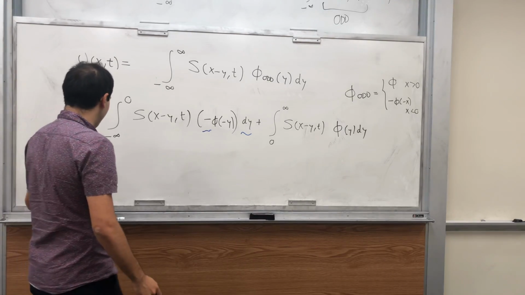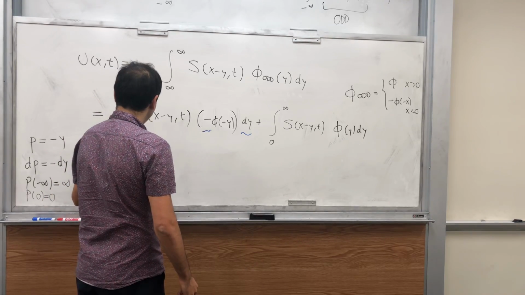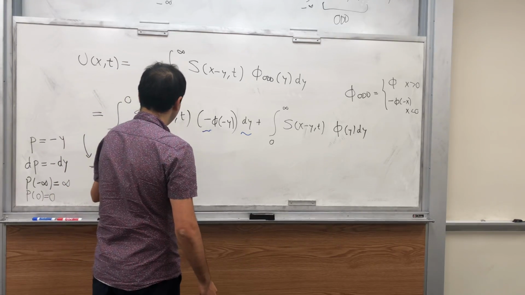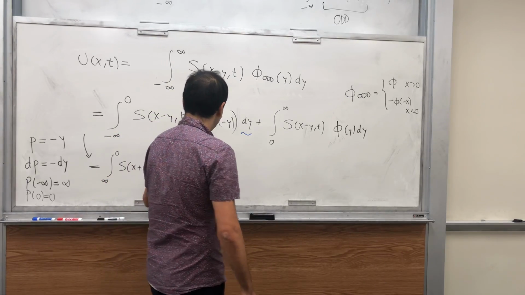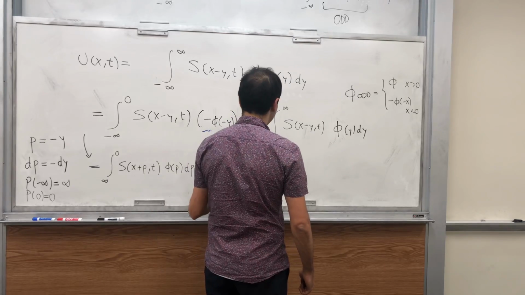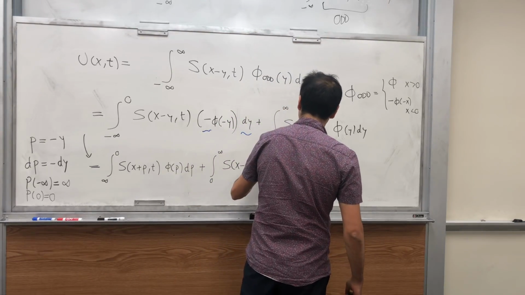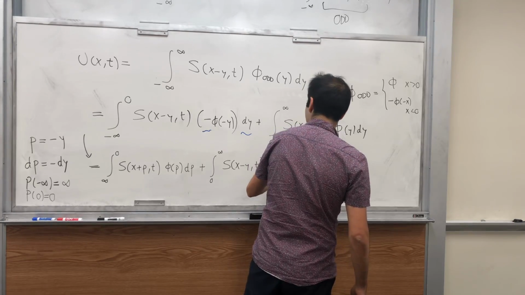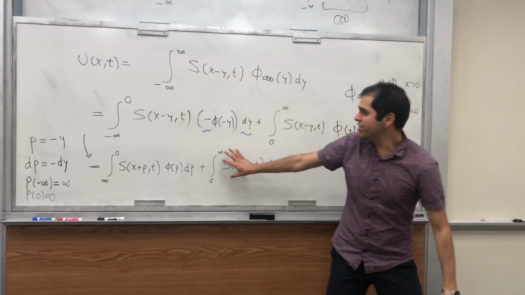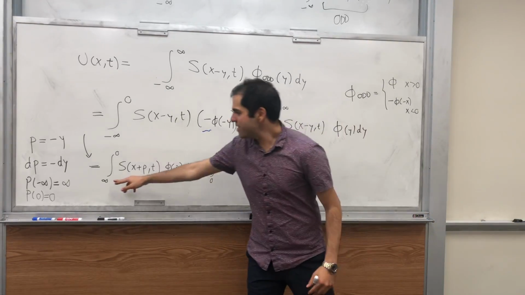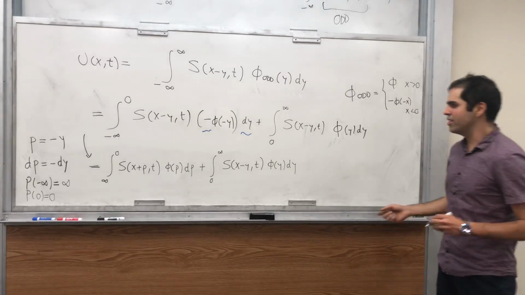So we end up with the integral from infinity to 0 of s of x plus p, t, phi of p dp, plus the integral from 0 to infinity of s of x minus yt, phi of y dy. And look, it almost looks like the same integral, right? Except this is from infinity to 0. The other one is from 0 to infinity.